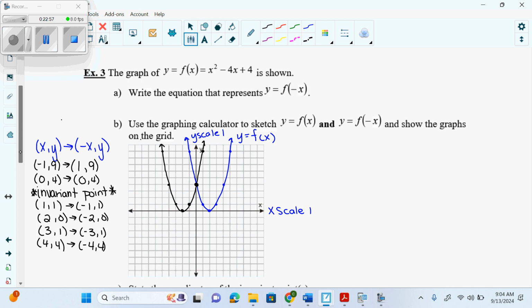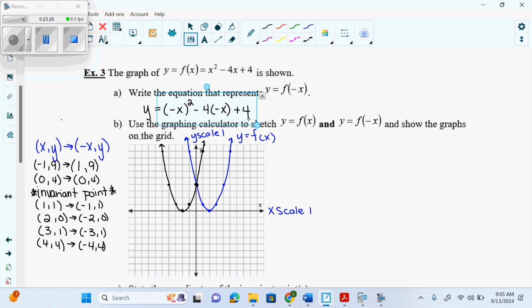So I'm going to have to go, y equals, and then I get negative x squared minus 4 times negative x plus 4. So I'm taking all the x's, I'm using replacement notation, right?